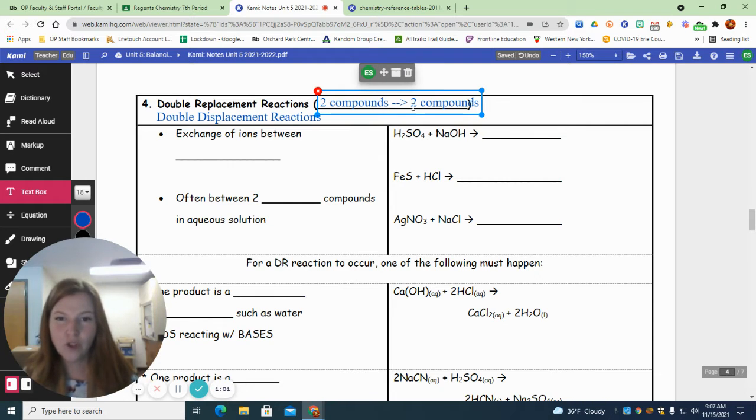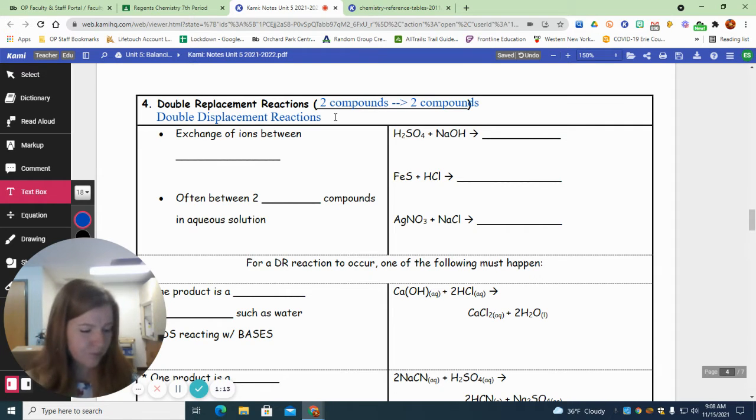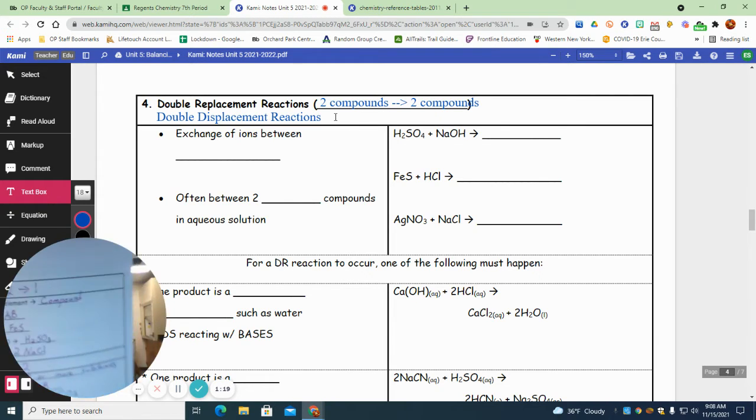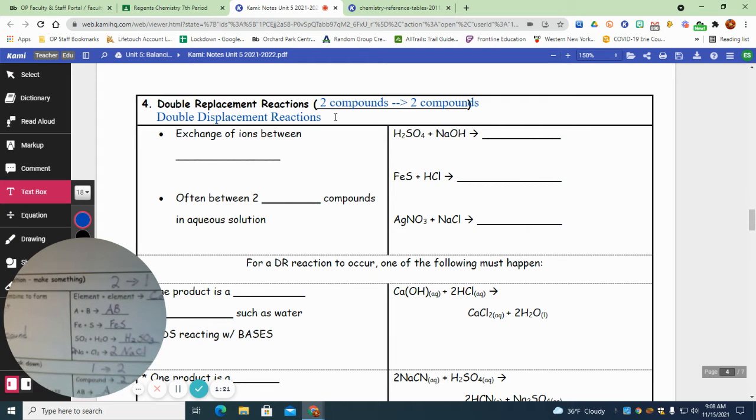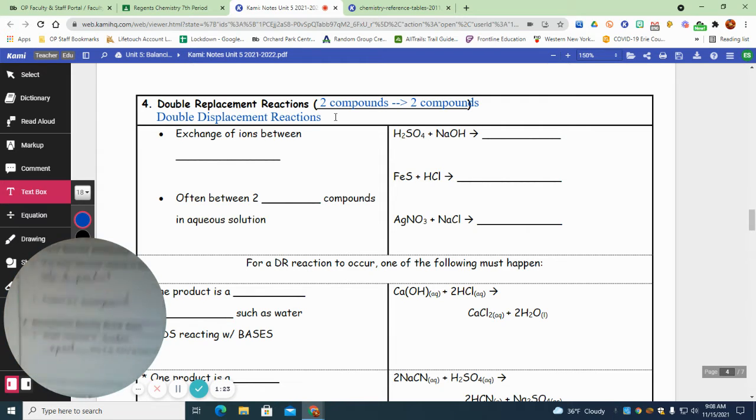But when you're looking at a reaction and you're trying to figure out what kind of reaction it is, the first thing you always do is you look to see how many reactants are there and how many products are there. We know, based on notes that we've taken previously, that if you have two things turning into one thing, it is a synthesis reaction.